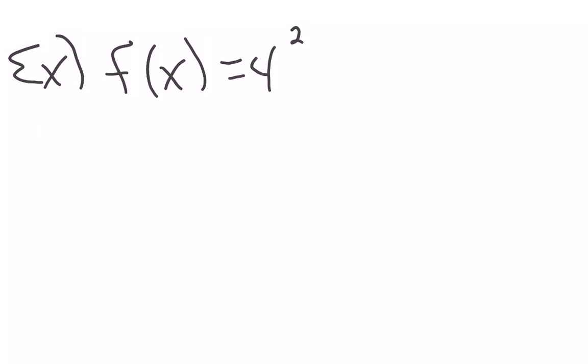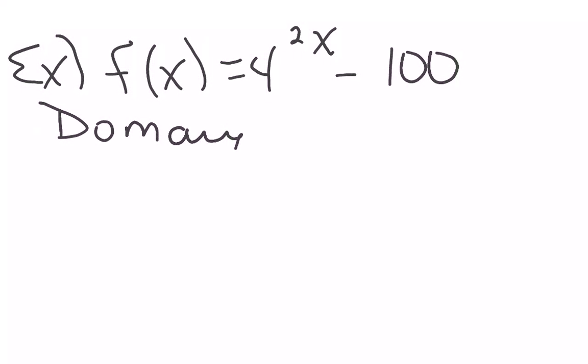Let's look at another example. They give us a function, f of x equals 4 to the 2x minus 100. They tell us that the domain of this function is all real numbers.